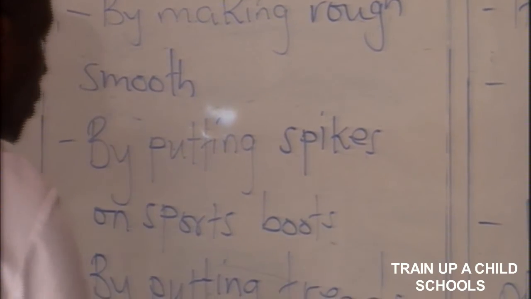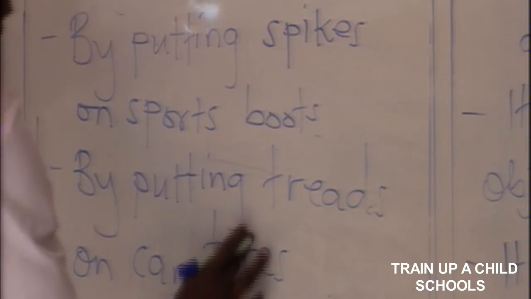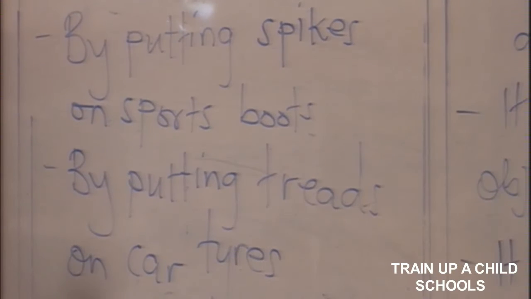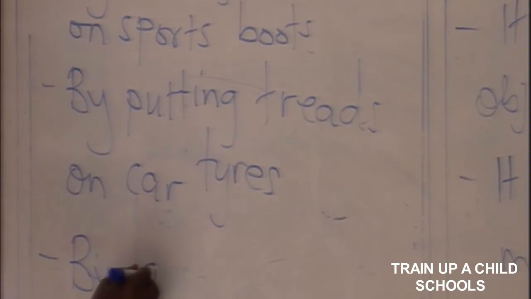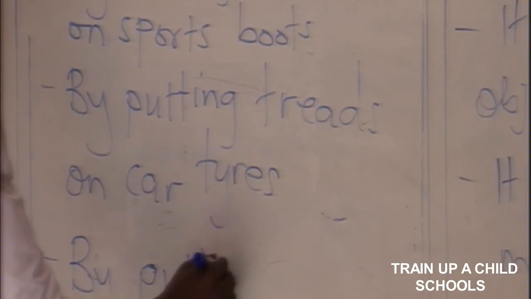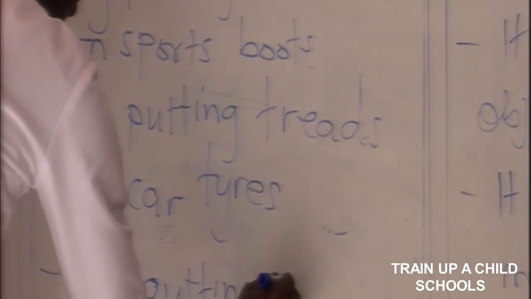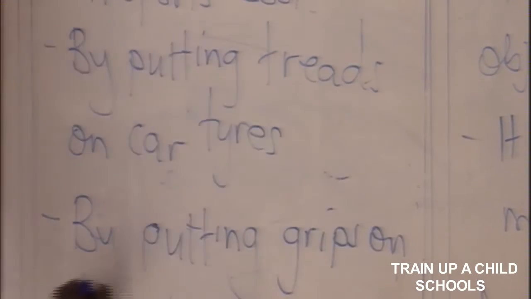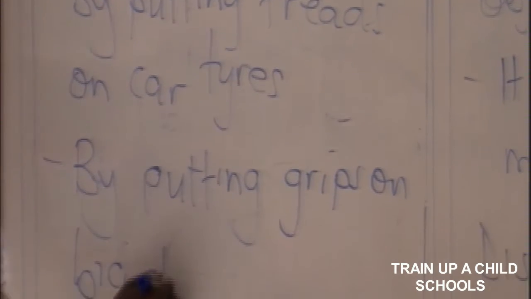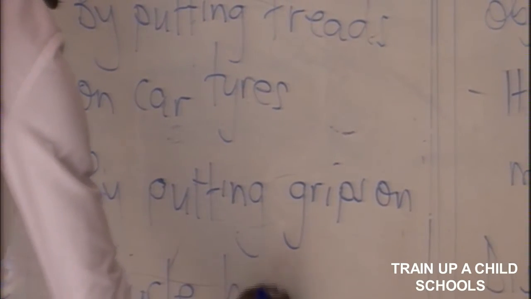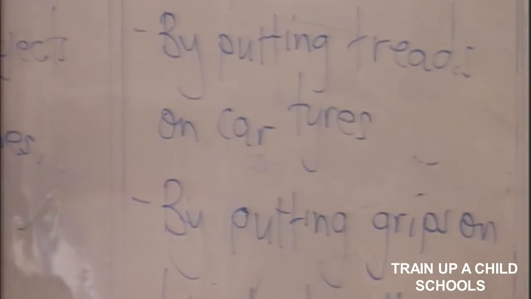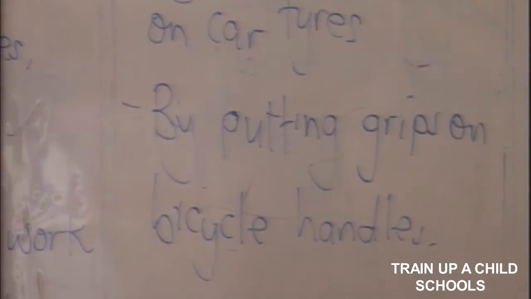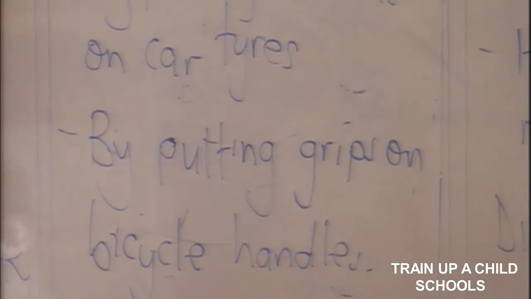We also have by putting grips on bicycle handles. So these are basically the ways how one can increase on friction. One, by making rough surfaces smooth.